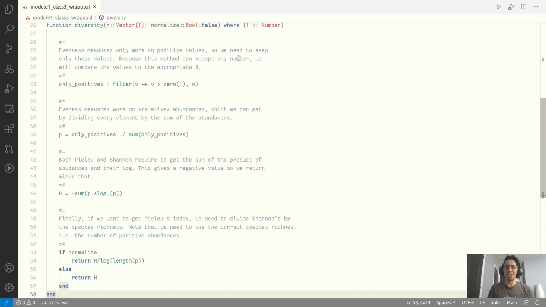So just to summarize, we have seen how to write a function and how to use dispatch properly. We can write some documentation and have the documentation show up in the terminal, and then we can write comments. That is sort of good practices, right?